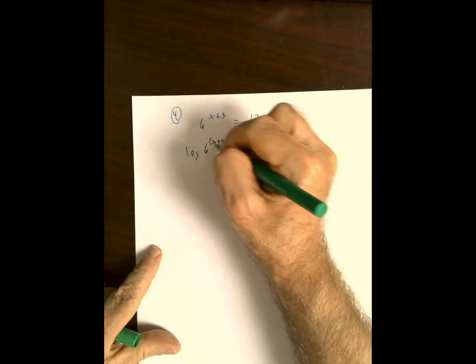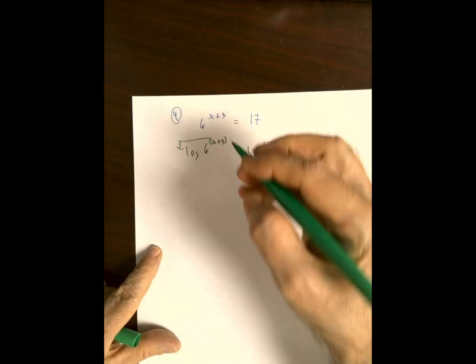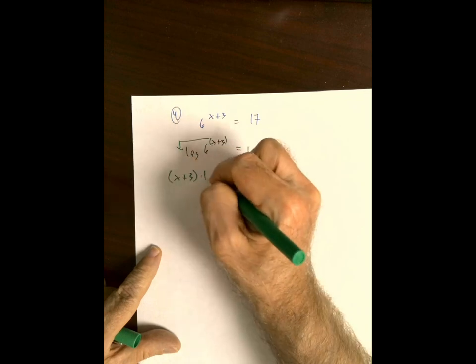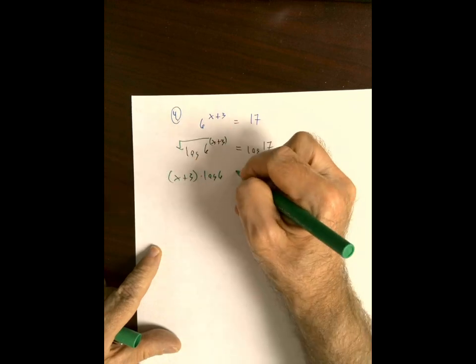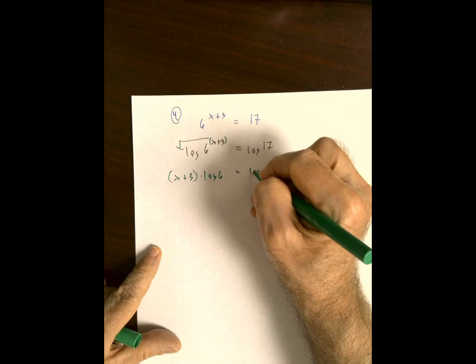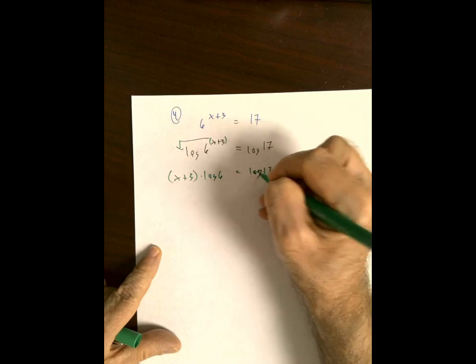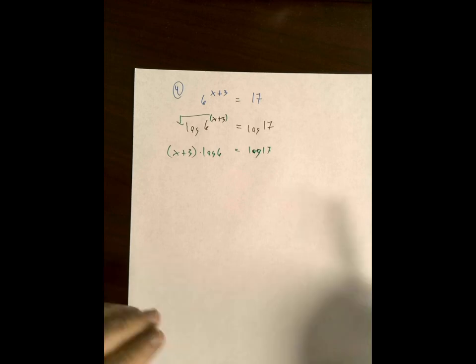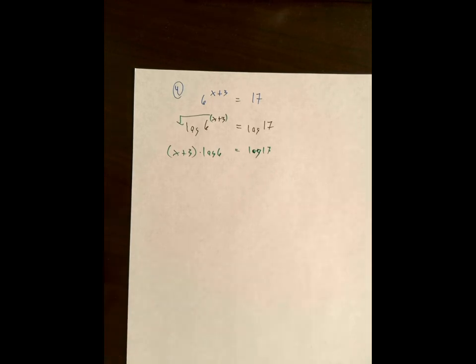Again, whatever is in the parentheses, in this case the entire x plus 3, swings out front. So we've got x plus 3 times log 6 is equal to log 17. Divide both sides by log 6, like we were doing before.